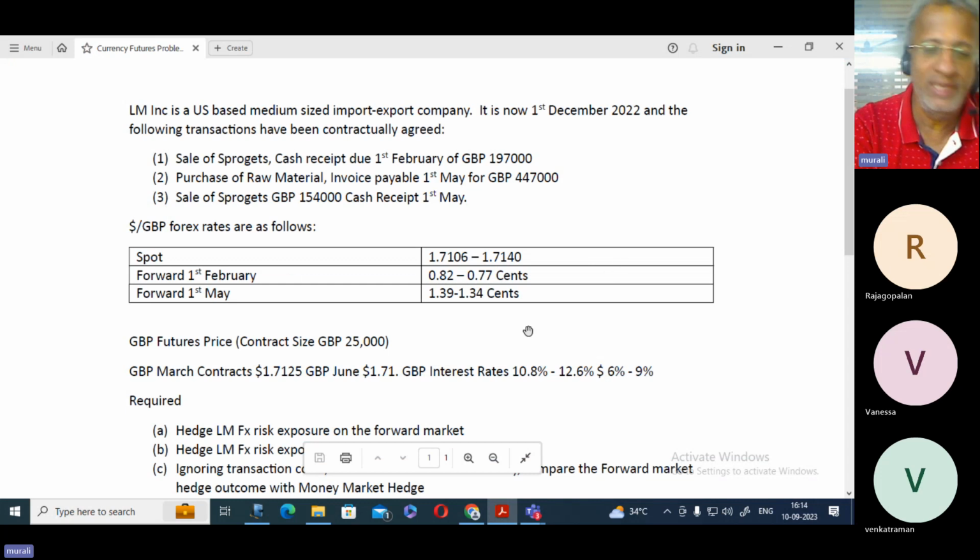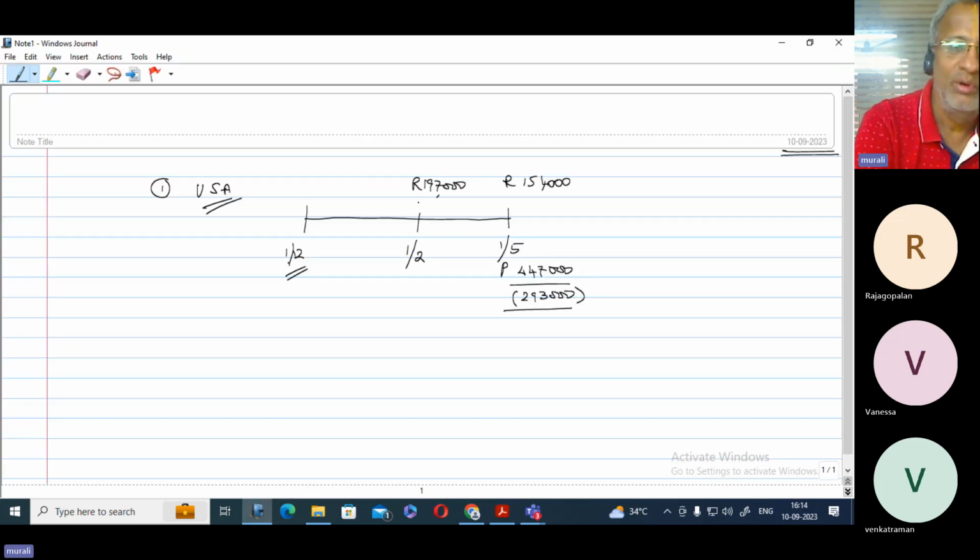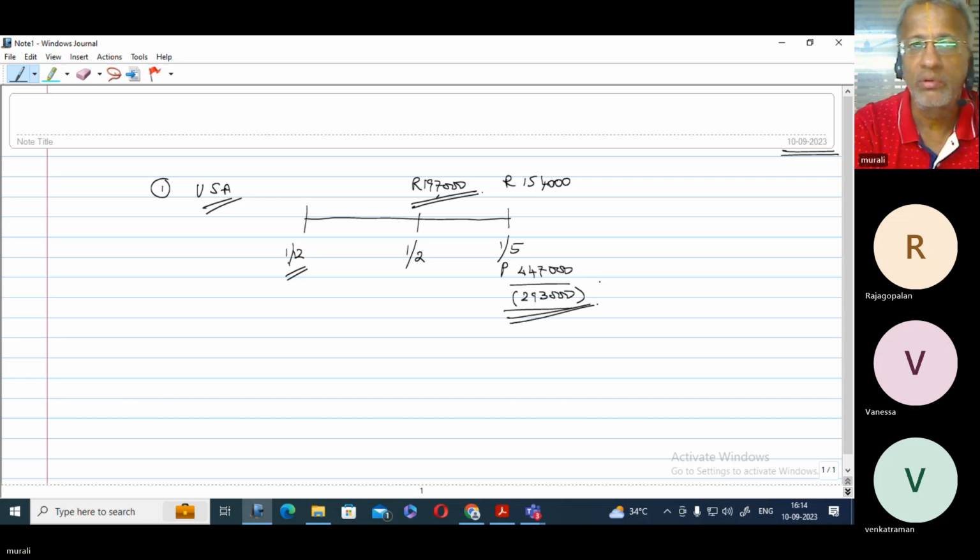So therefore you can say there are two dates on which you are getting into hedging. One by 1st of February, the other one by 1st of May. The first one with 197,000 GBP, 293,000 by 1st of May.